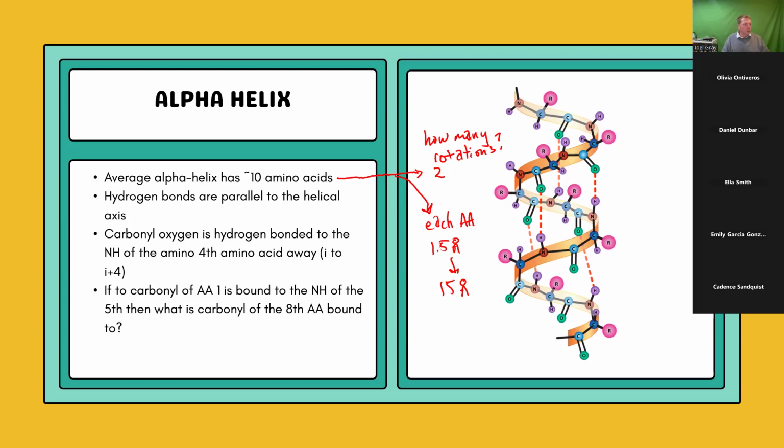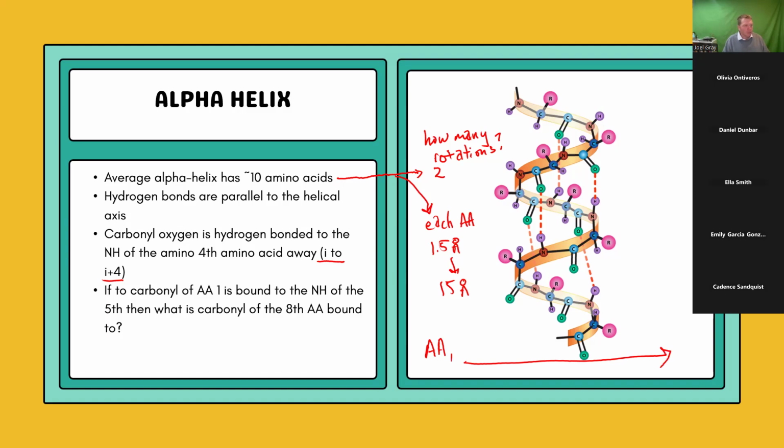Okay. Now, your carbonyl oxygen is going to be hydrogen bonded to the NH of the fourth amino acid away. This follows an I to an I plus 4 pattern. So I being our first amino acid, and then, well, whatever number that is. What I mean by this is an alpha helix doesn't necessarily start at amino acid number 1 on a polypeptide.